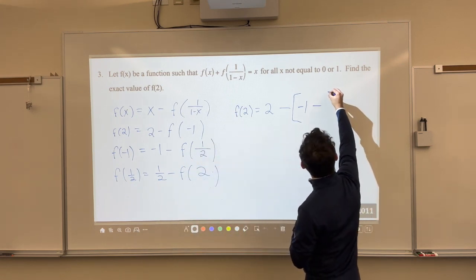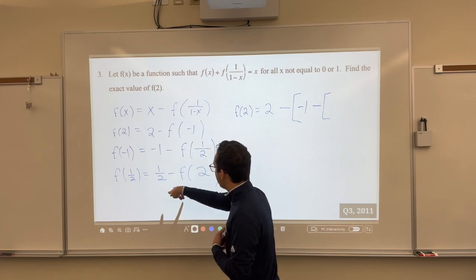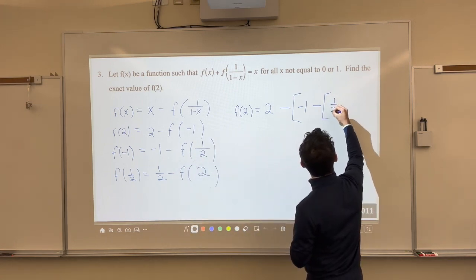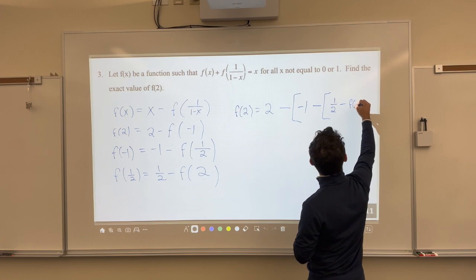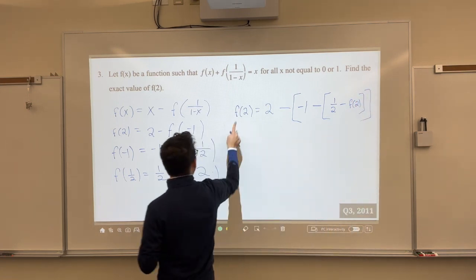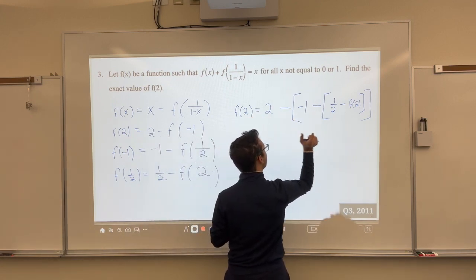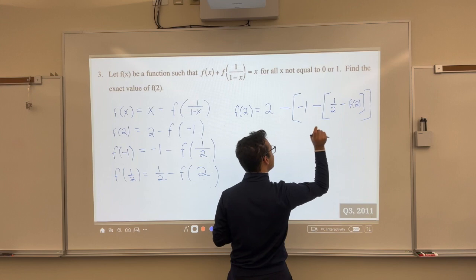So again, more sets of brackets. We are replacing f of 1/2 with 1/2 minus f of 2. So that's what we are left with. f of 2 is equal to 2 minus brackets negative 1 minus brackets 1/2 minus f of 2.